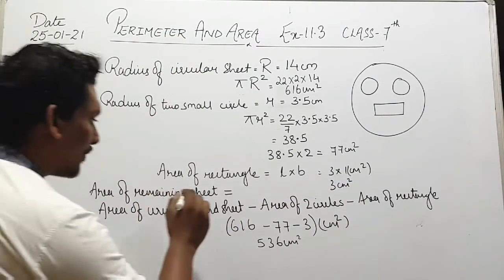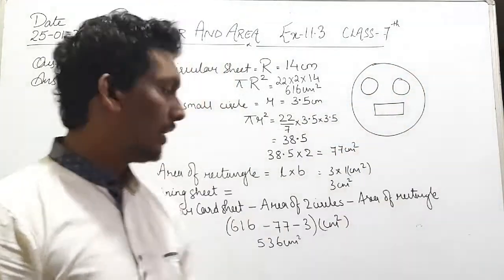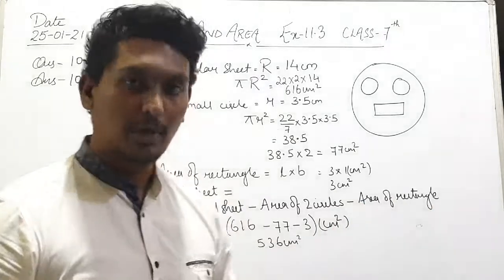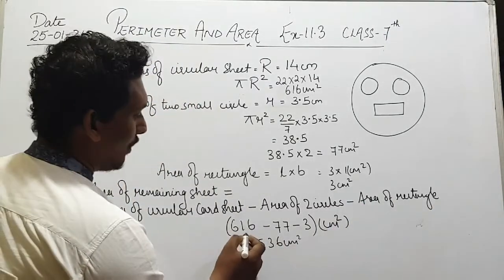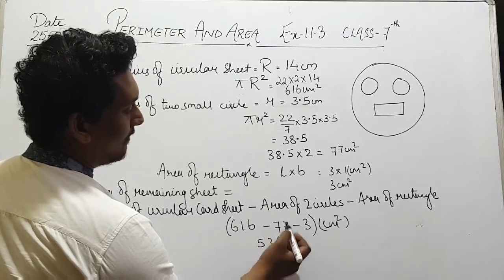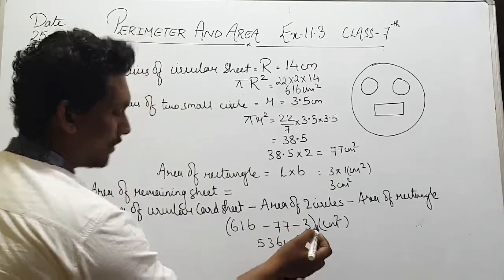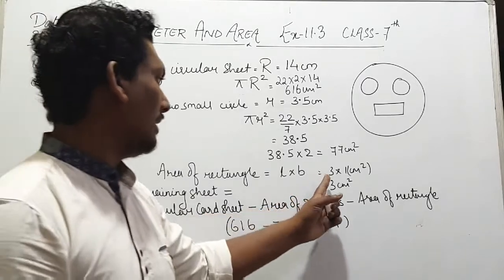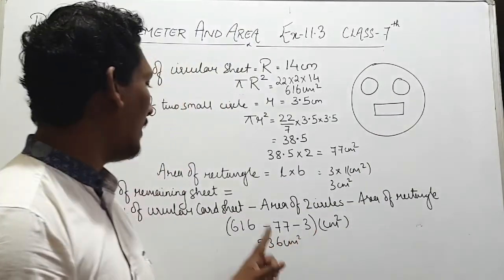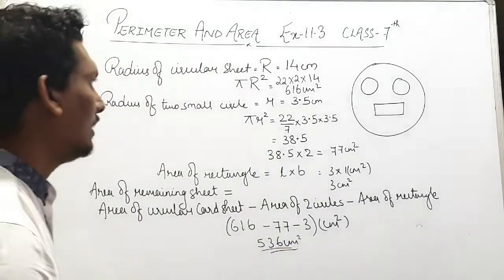From the bigger circle area, you have to subtract the area of the two smaller circles and the area of the rectangle. Means from 616 minus 77, this 77 is the area of two small circles, and minus 3, the area of this rectangle. After subtracting, you will get the answer 536.